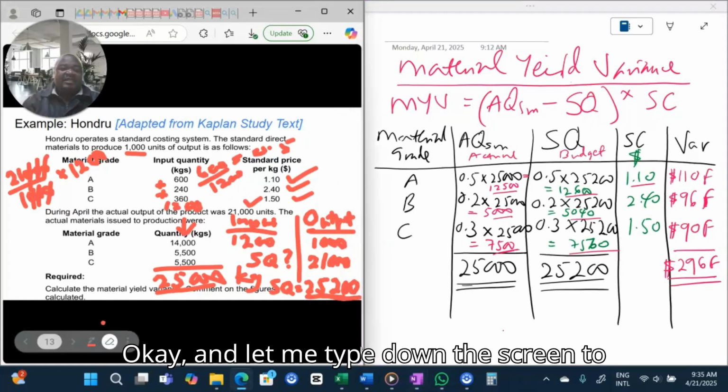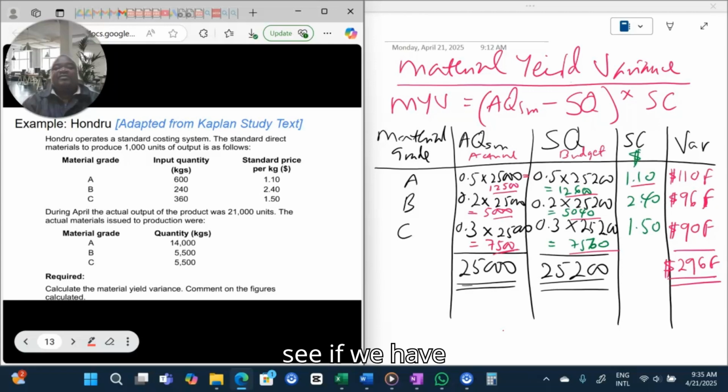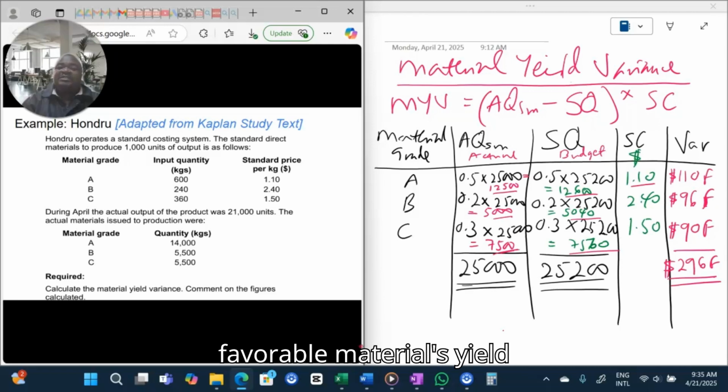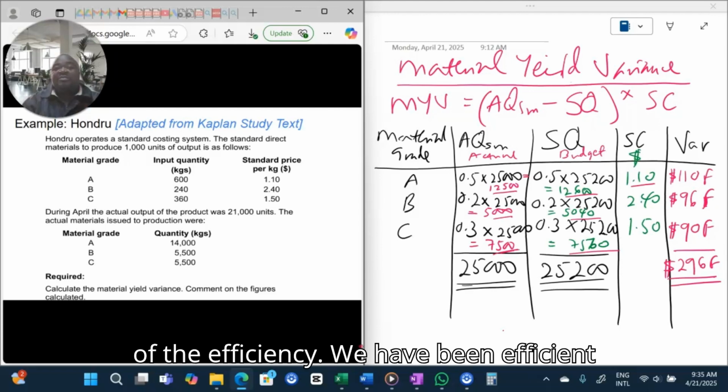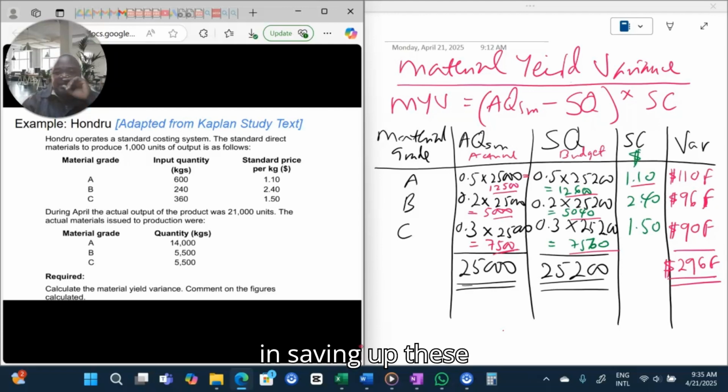Okay, and let me tidy up the screen to see if we have obtained the right thing. So a favorable materials yield variance usually speaks of the efficiency. We have been efficient in saving up these material inputs, right?